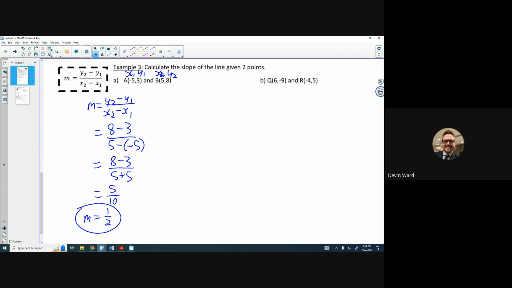This one. For this one, I have Q and R. Just to show that it doesn't matter which one I call x2 and y2, x1, y1, I'm going to say that Q is point 2 and R is point 1. Just showing up the order, but the order does not matter. What matters is I keep my points consistent.